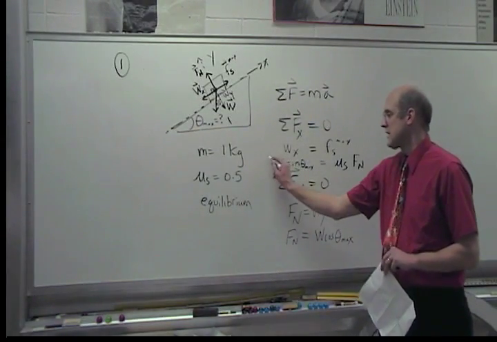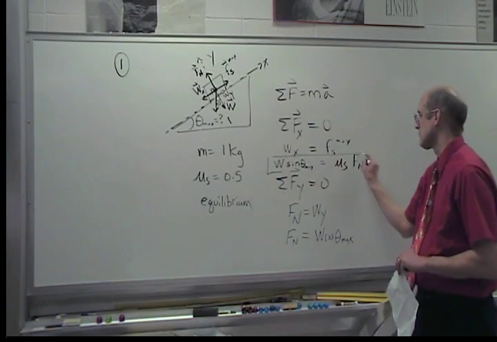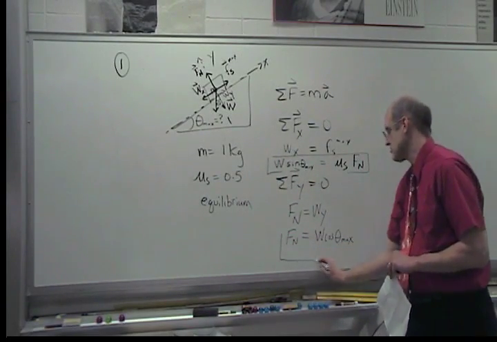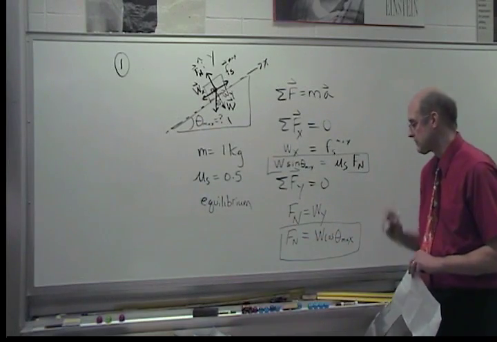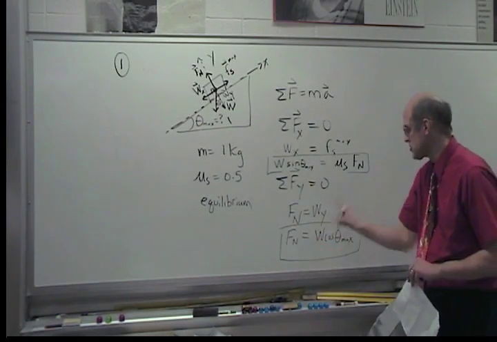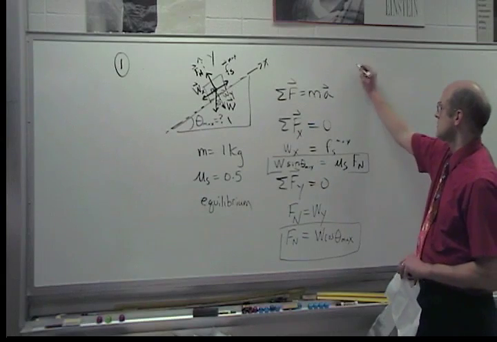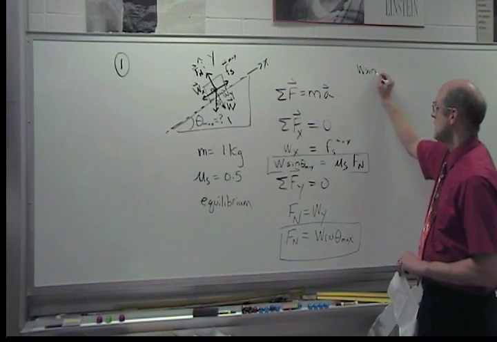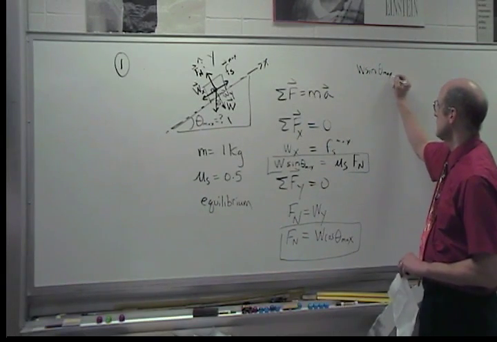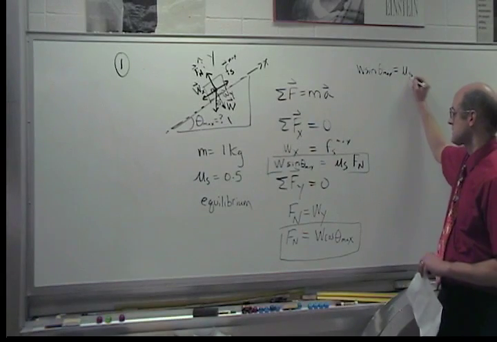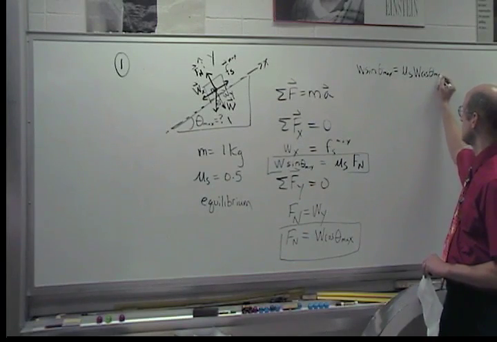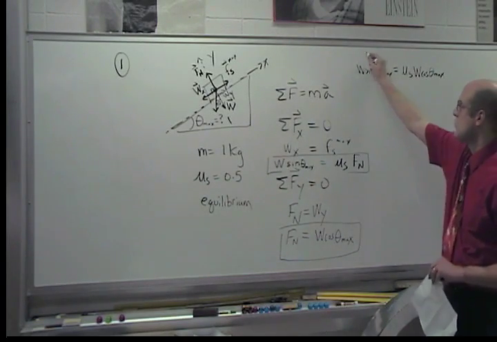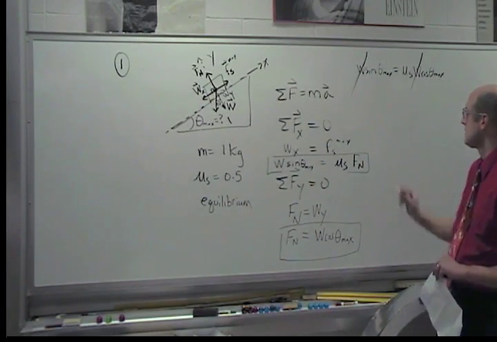Now we can combine this equation and this equation to find the angle. So let me take this equation and substitute it into here. So I get weight sine of theta max equals mu s times weight times the cosine of the maximum angle. Notice that weight appears on both sides.